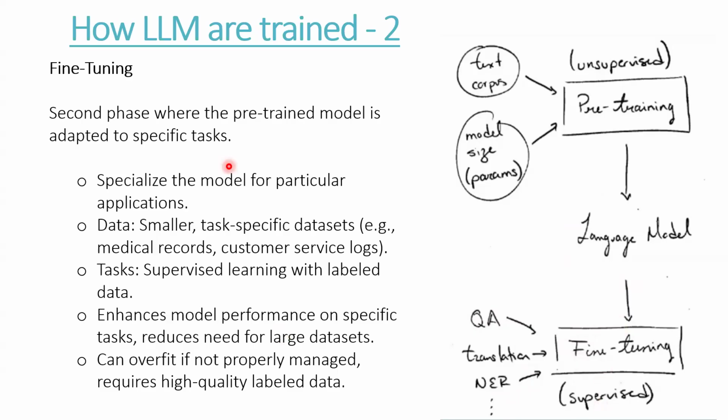Let's read this one. Second phase where the pre-trained model is adapted to a specific task. We specialize the model for a particular application, data, smaller data, task specific data. It's just like a student has learned till 12th class and now he's entering into an engineering college to learn a specific branch, let's say computer science engineering. So he will learn more about computer science now.